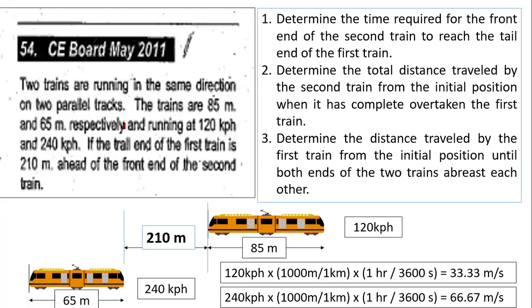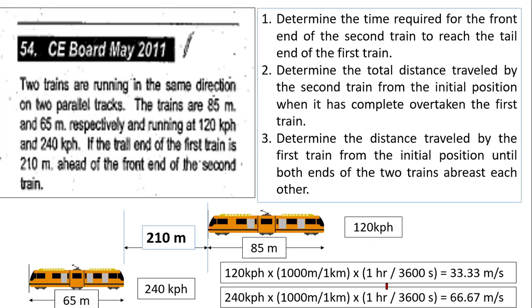Okay, so we have here, let me check the recording. We have here two trains running in the same direction. They are parallel in tracks. The trains are 85 meters and 65 meters respectively, as you can see in the drawing. You have 85 and then 65. The distance between them is 210 meters. The first train is traveling at 120 kph, while the other one is 240 kph.